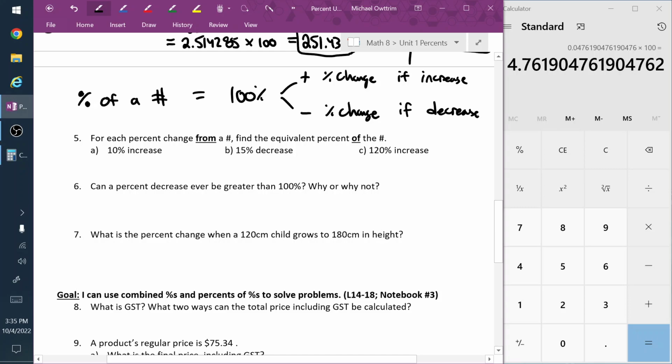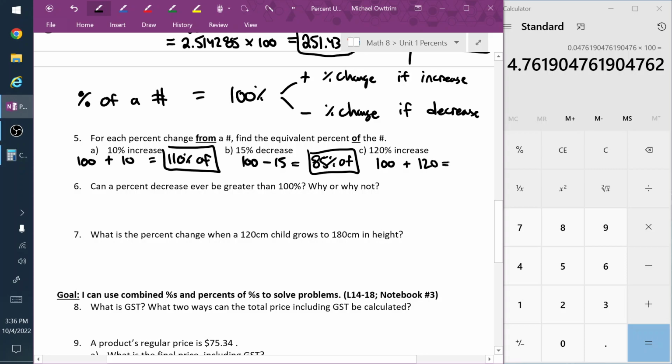So if we have a 10% increase from our number, then we're going to do 100 plus for our increase 10, gives us 110% of the number. For a 15% decrease, we're going to start at 100, and we're going to go down or subtract 15 to have 85% of our number. And then with a 120% increase, we're going to start at 100, add 120, and get 220% of our number.